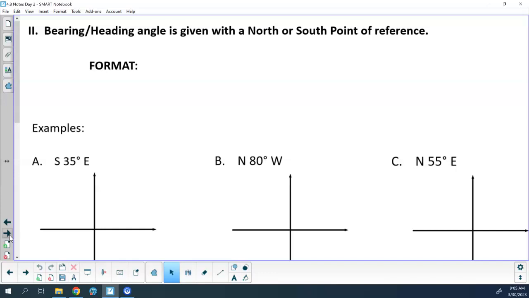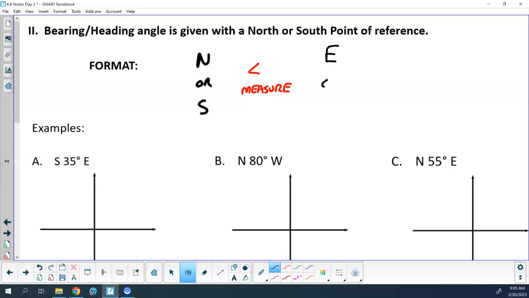You've got either north or south first, and then you've got an angle measure, and then you've got east or west. Okay, that's the format for this one.